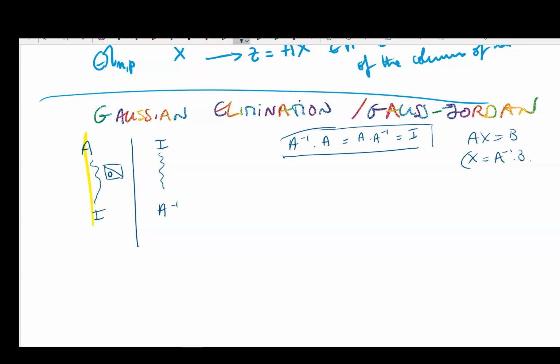That's what we can call U, the upper triangular matrix. And then from this upper triangular matrix, we do some more transformations to transform it into the identity: zeros everywhere except on the diagonal.